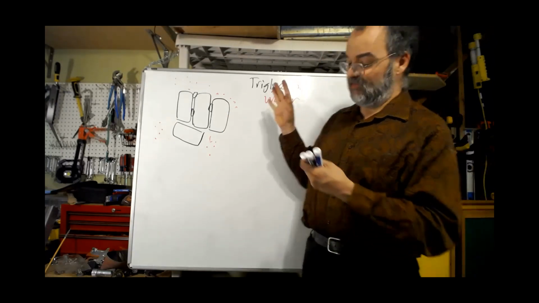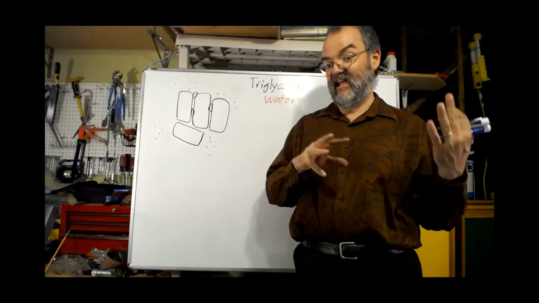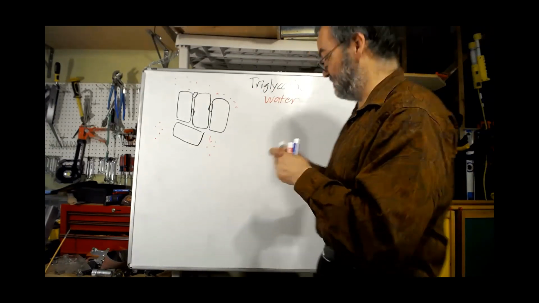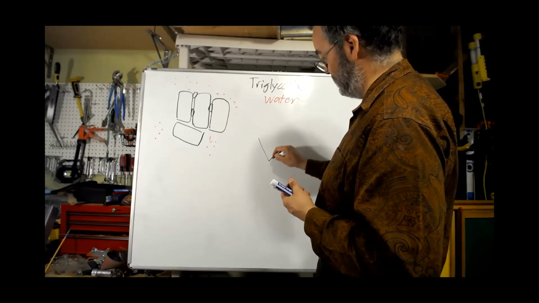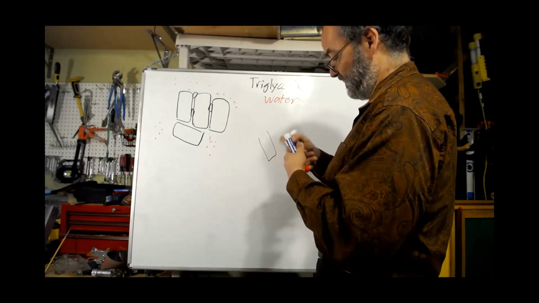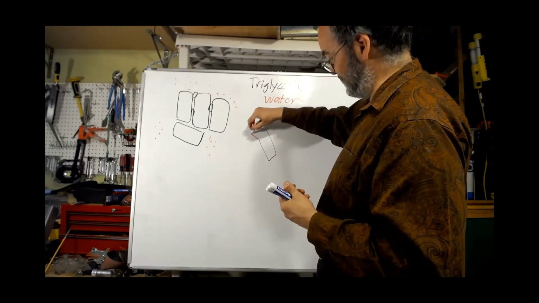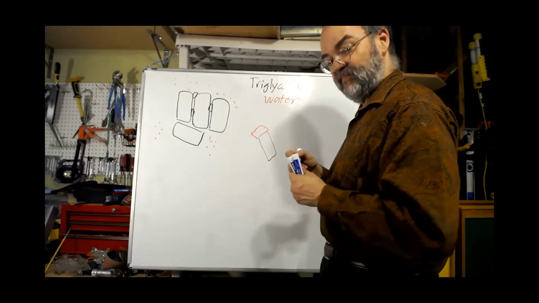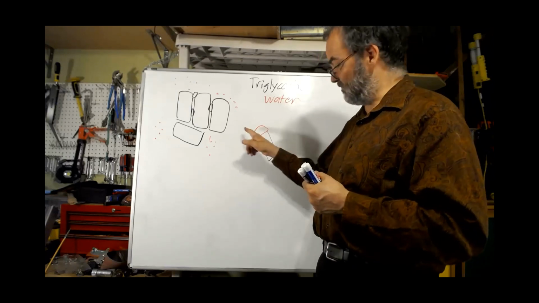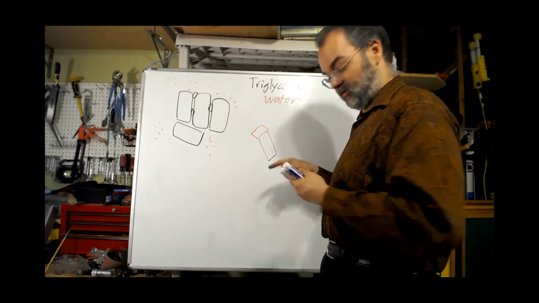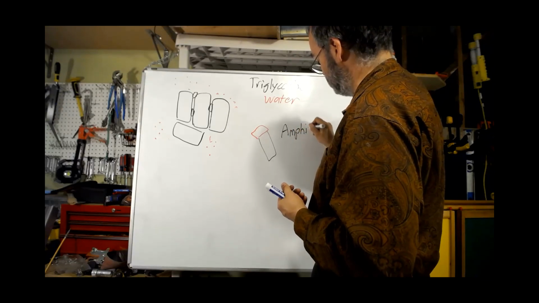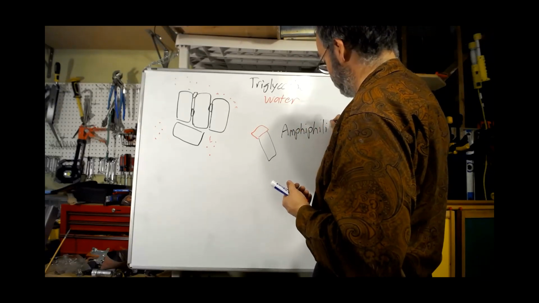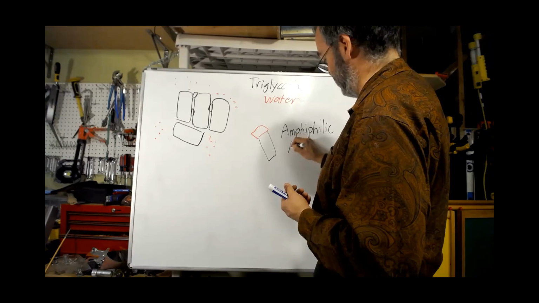Now, between hydrophilic and lipophilic, there's also another possibility. If we made a molecule that had a big lipophilic part and then a strongly hydrophilic part, you might get something which would interact with water in one part but not the other. We would call that amphiphilic or sometimes amphipathic.